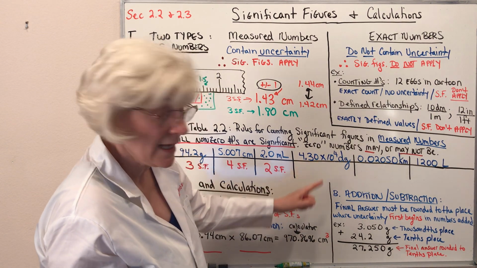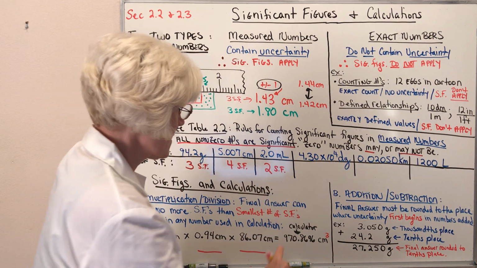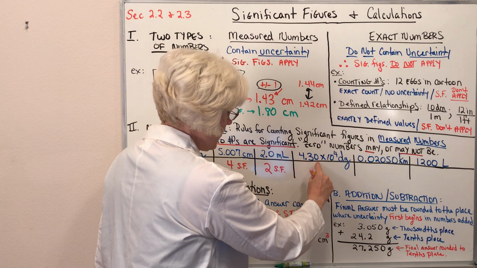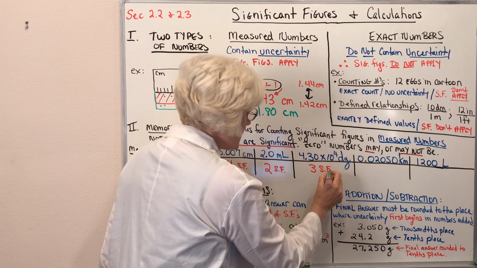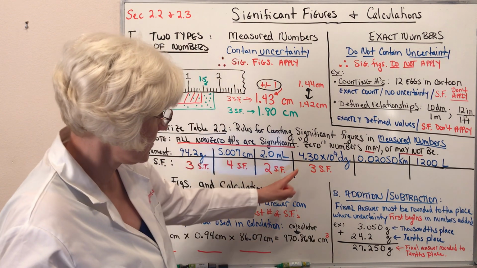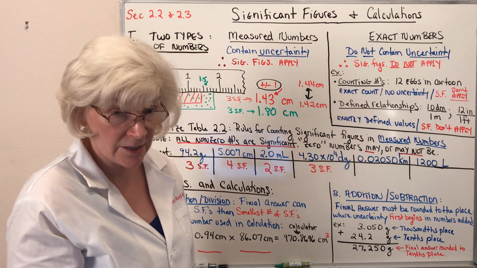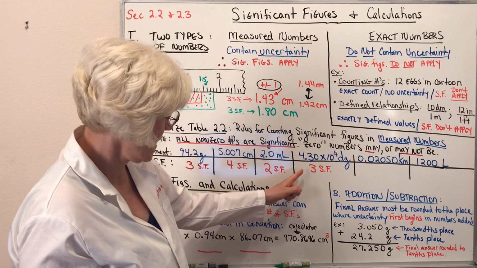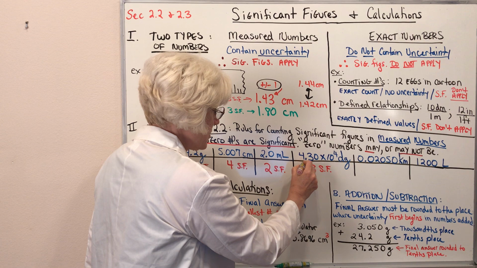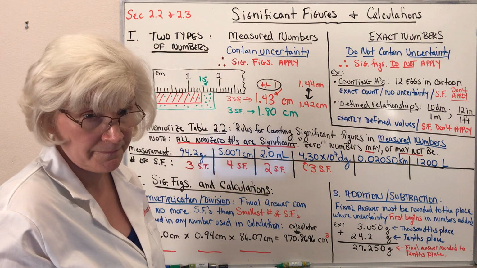So that 0 is a significant digit, and I'm counting 1, 2, 3 sig figs in this 4.30 times 10 to the 4th decigram value, containing 3 sig figs relating to the coefficient of the number.